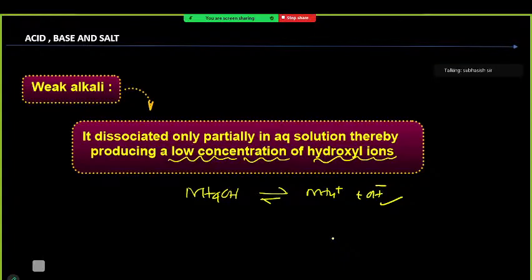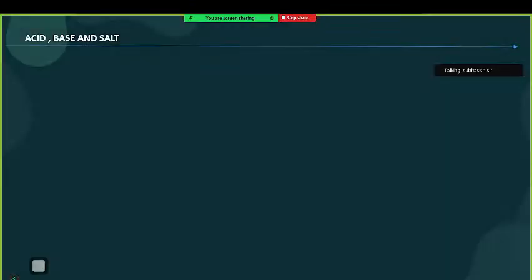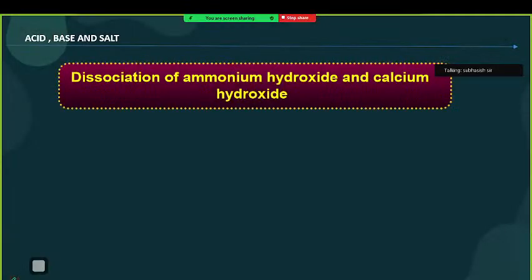That's why it is termed a weak alkali, because it partially dissociates, not totally, giving a low concentration of OH minus, like ammonium hydroxide or even calcium hydroxide.